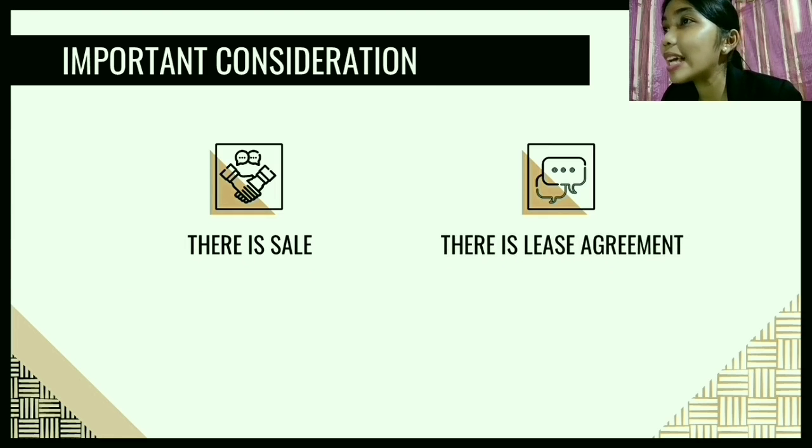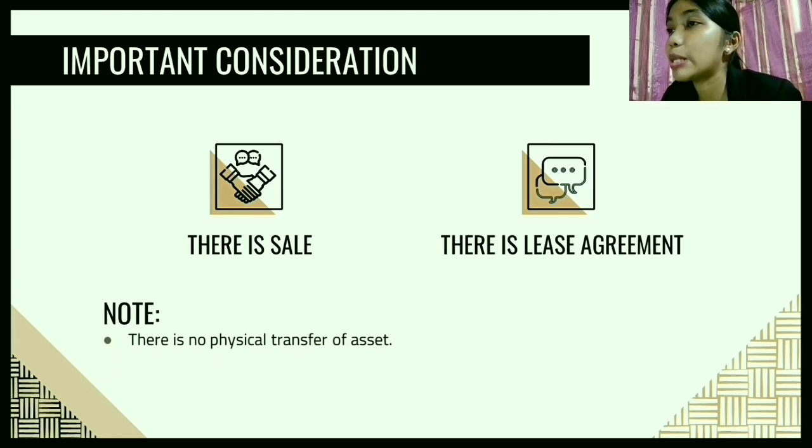So, alam naman po natin yung sale is kapag naibenta or nagkaroon ng pagbebenta. And kapag naman po lease, nagkaroon ng upa. So, kailangan lang natin i-take note na there is no physical transfer of asset dapat in a sale and leaseback. Kasi po, ang ating physical transfer of asset ay may kaakibat na mortgage or sangla. Kaya po, magkaiba ito sa sale and leaseback.